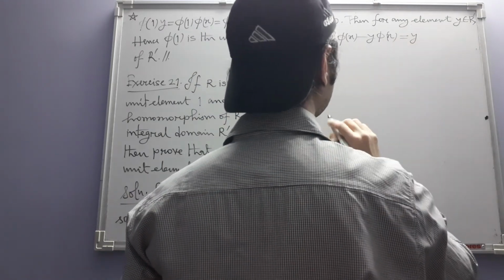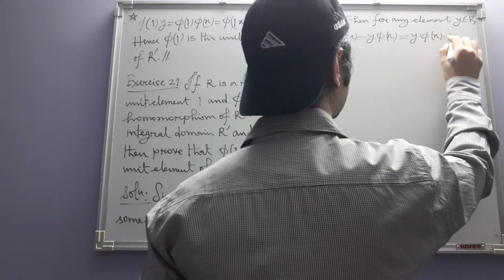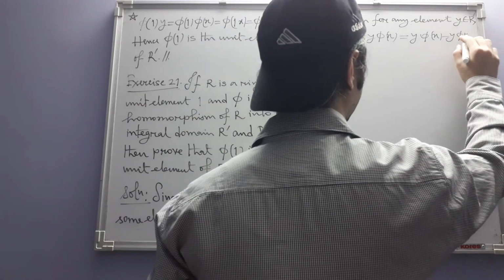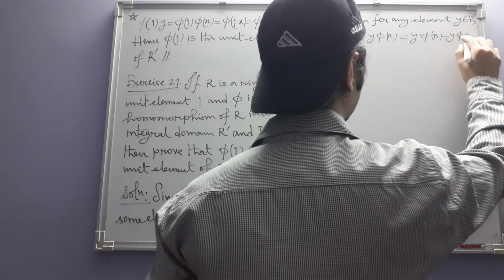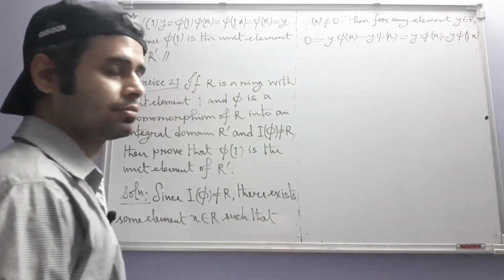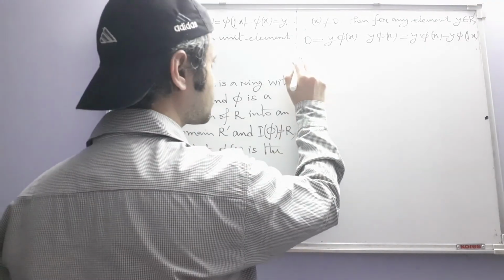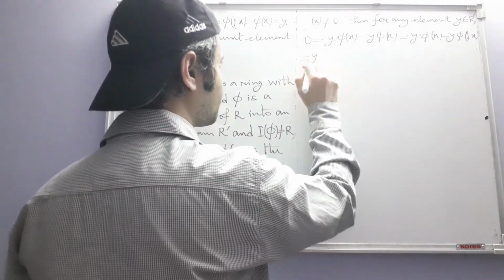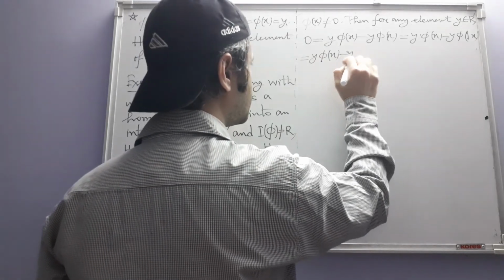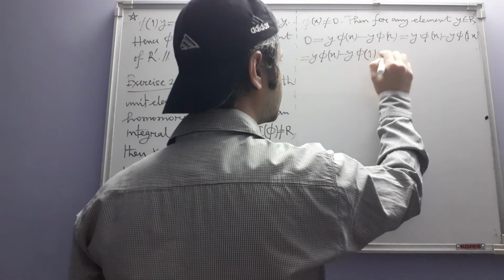Now y times phi of x minus y times, you see, in place of x we can write 1x. We can write that because x is equal to 1x, and since phi respects multiplication, this will be phi of 1 phi of x.